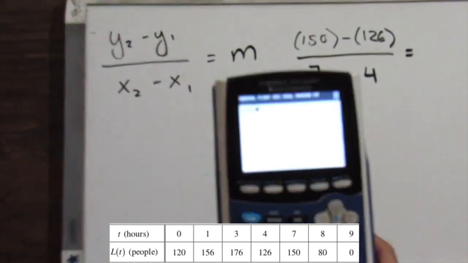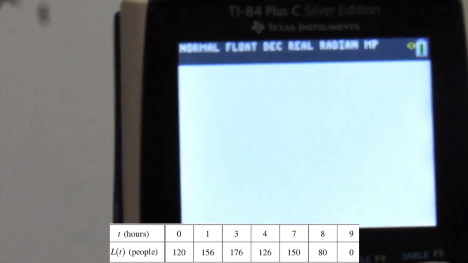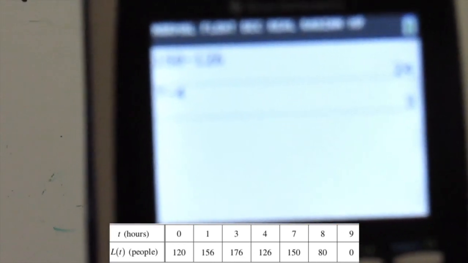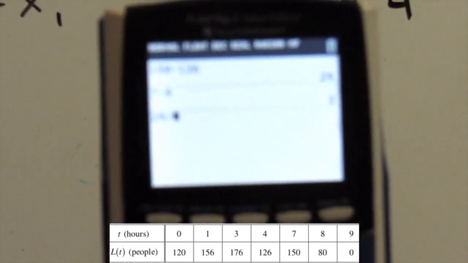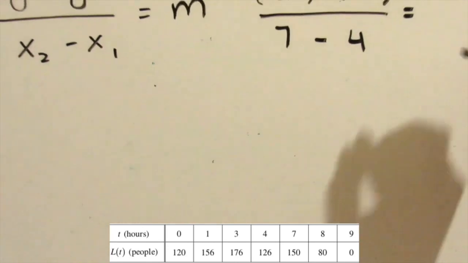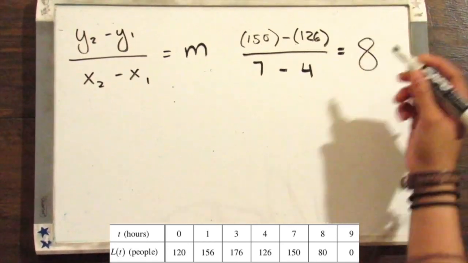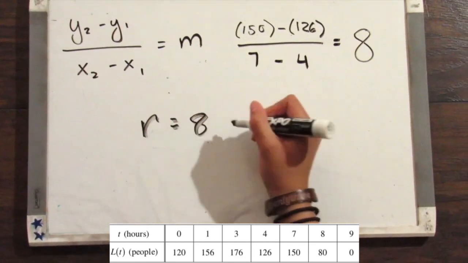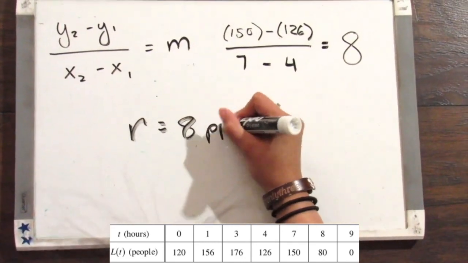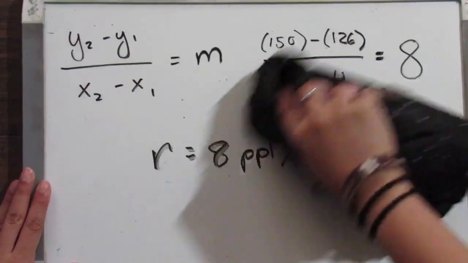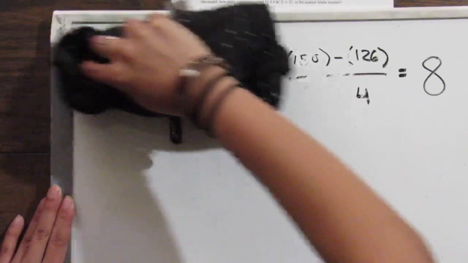Using my calculator, I can do 150 minus 126, which gives me 24. Divide that by 7 minus 4, which is 3, and in total, I get 8. In conclusion, the rate of people changing in line was 8 people per hour. Oh, I see it now.